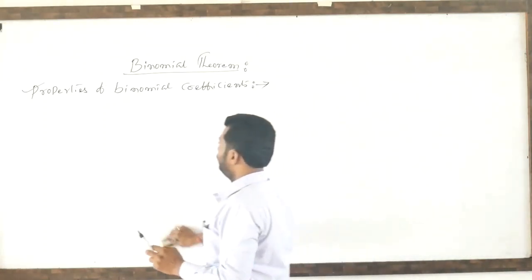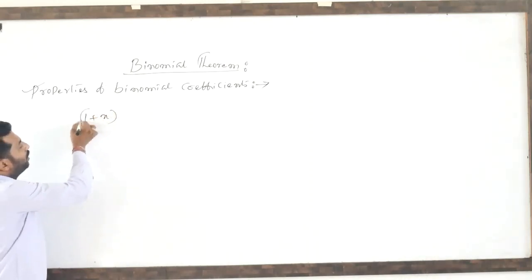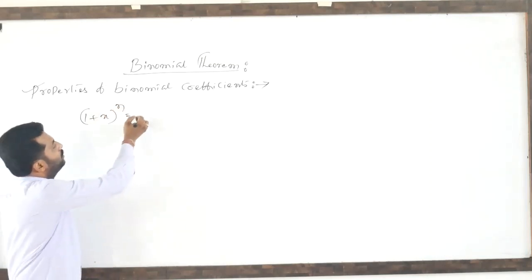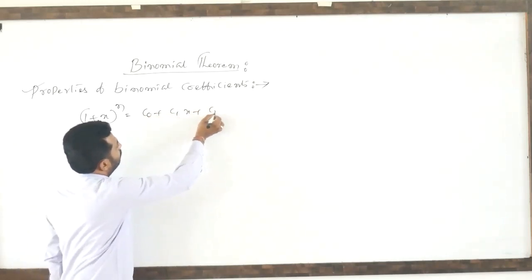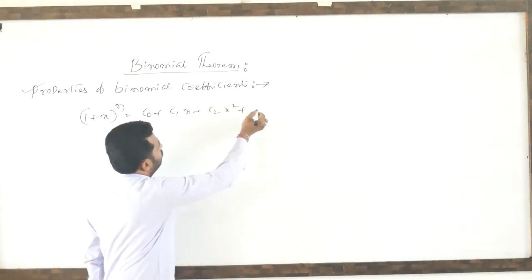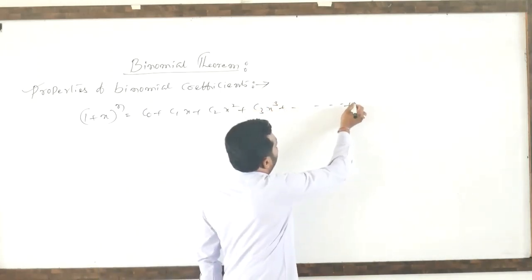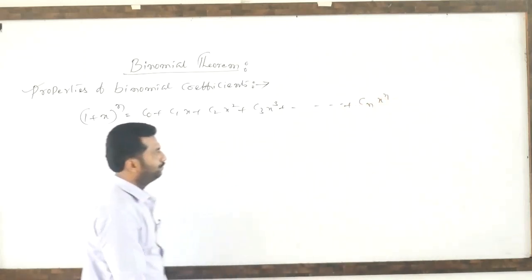You observe the same expansion I am writing. 1 plus x whole power n I am taking. That is c0 plus c1 into x plus c2 into x square, c3 into x cube plus and so on, cn into x power n.